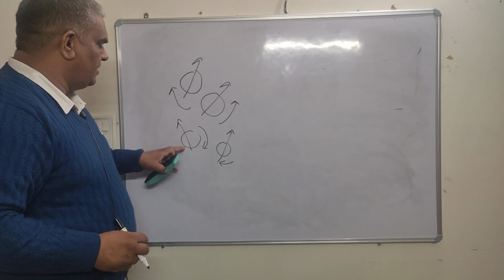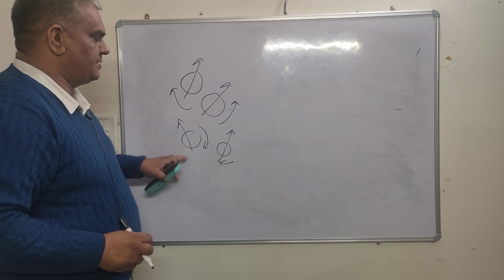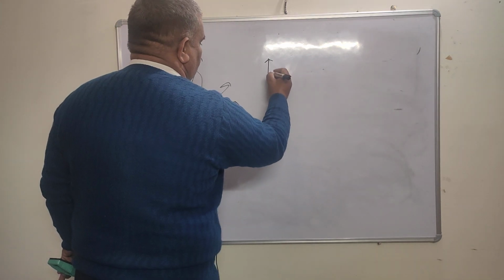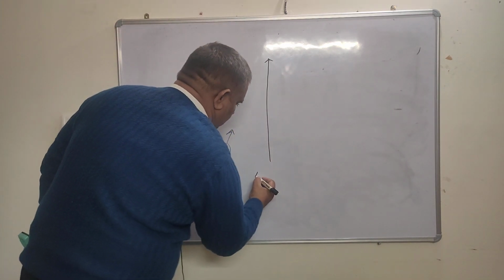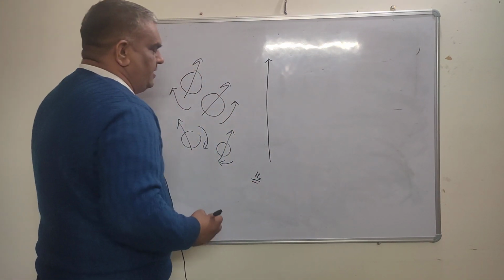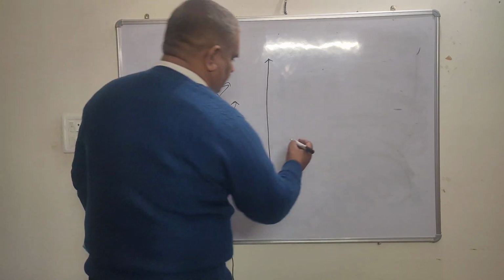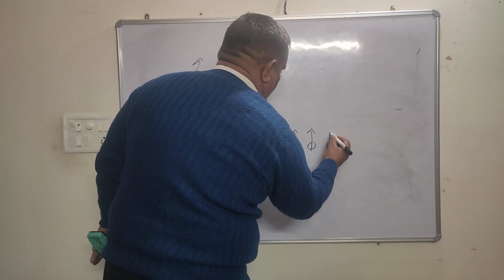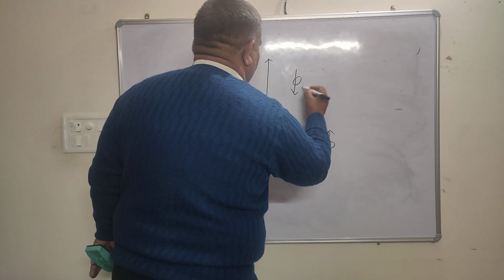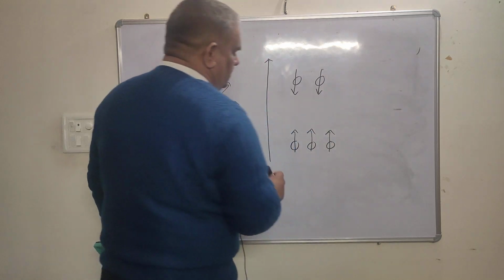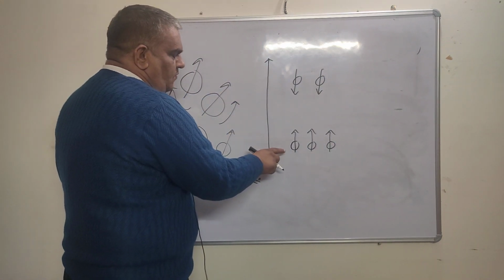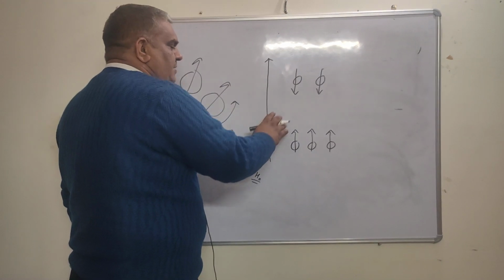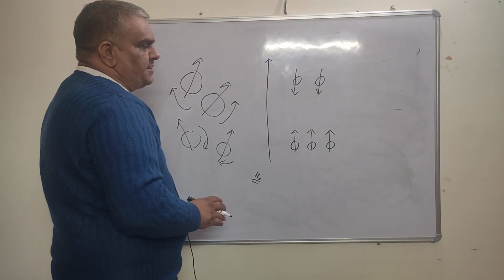In the absence of an external magnetic field, these spinning magnets are random in their atomic or molecular environment. But when placed in a uniform strong magnetic field, H naught, the strength of the applied magnetic field, these nuclear magnets align their own field either with the applied magnetic field or against it, giving rise to two separate energy states.